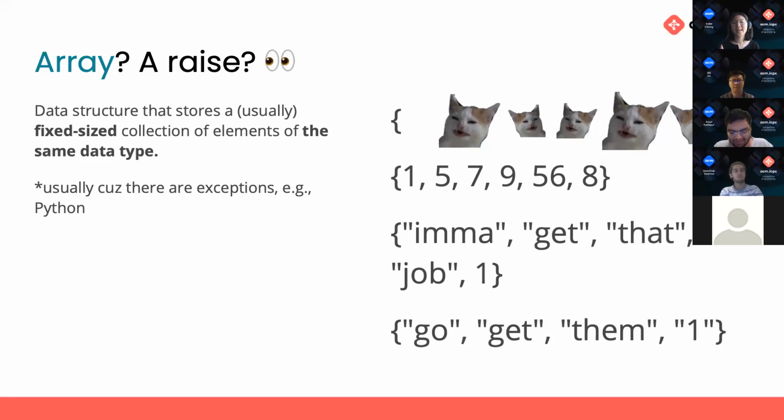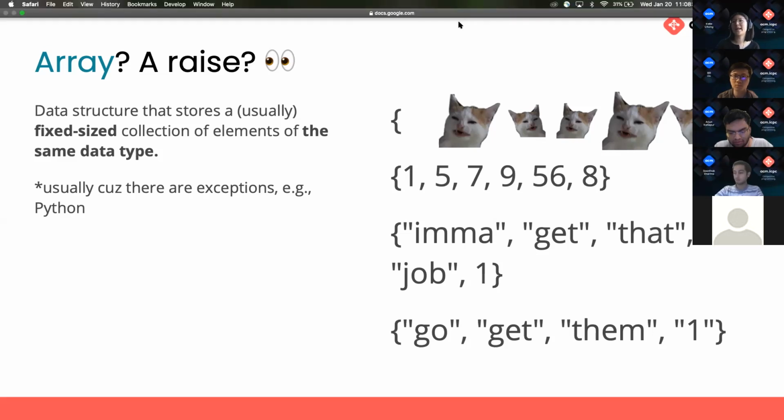And someone said the third one. Yes, the third one is an array because it's strings. They're all characters, but the number one is an integer. It's not quoted. If you look at the fourth one, it's quoted, so you know that it's written as a string, so it's the same data type. Okay.